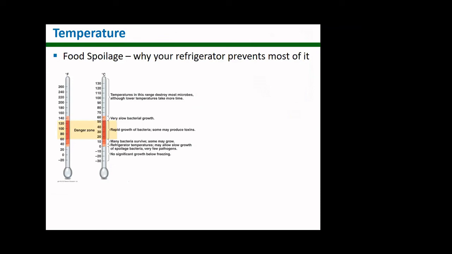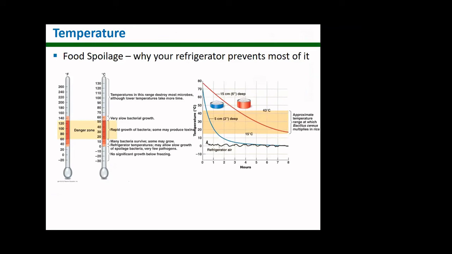All right, so let's talk a little bit about your refrigerator and why it works. Not so much how it works, that's more chemistry and physics, but why it works. When you bring bacteria down to a temperature that is far below their optimum temperature, they stop metabolizing, they stop growing, they're not making enzymes, they're not making toxins, they're not multiplying in number, but they're also not dead.